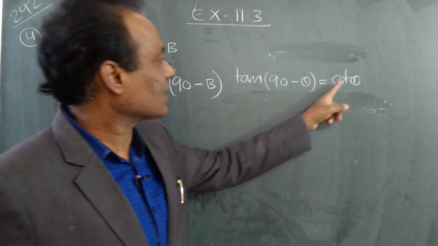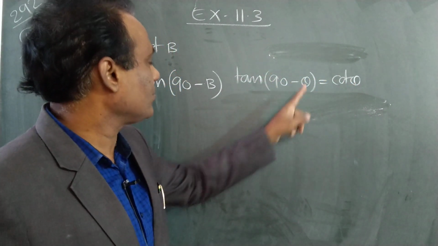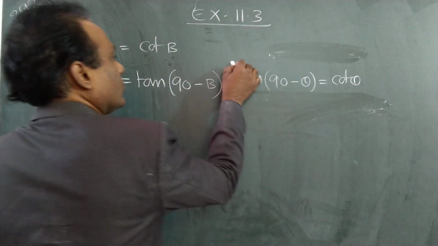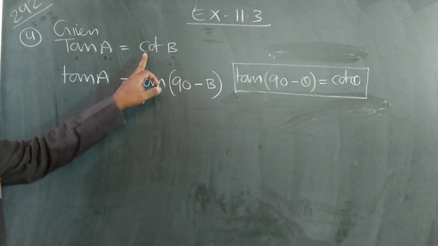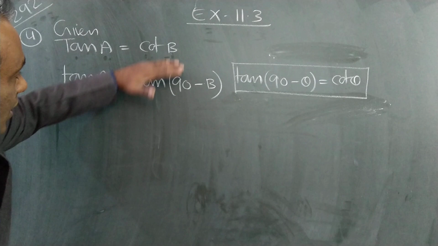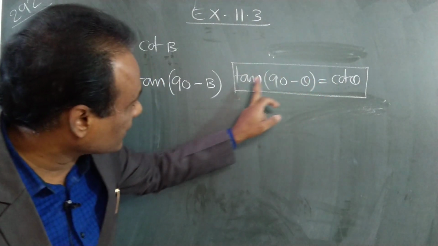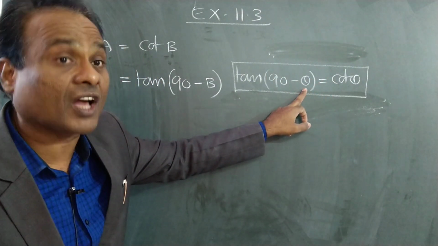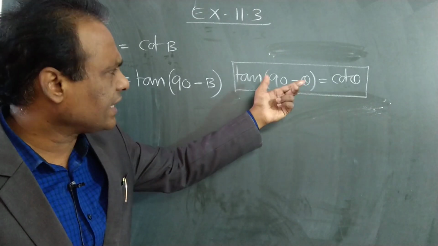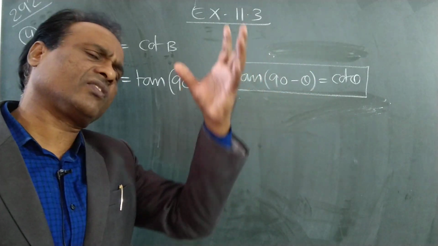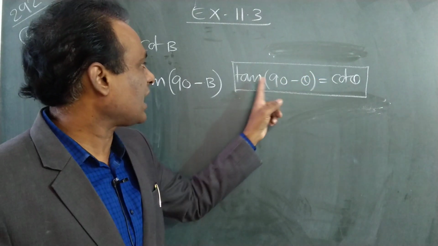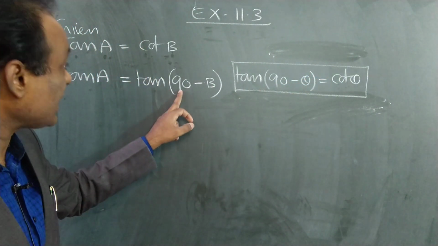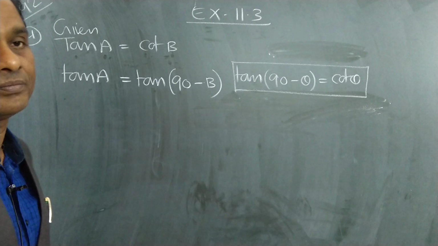This is the formula I am using. So mention that formula: in place of cot theta, I write tan 90 minus theta. This formula we derived, and in the previous class we applied it for many problems. So cot B is tan 90 minus B.